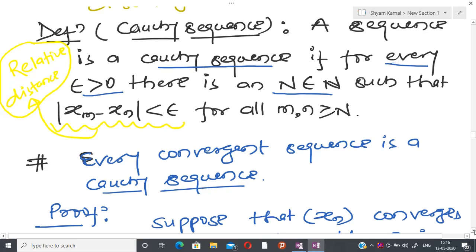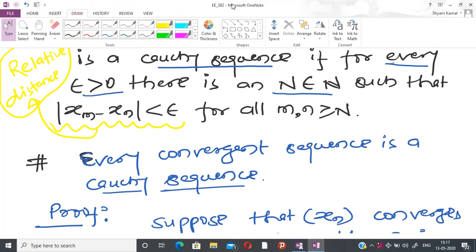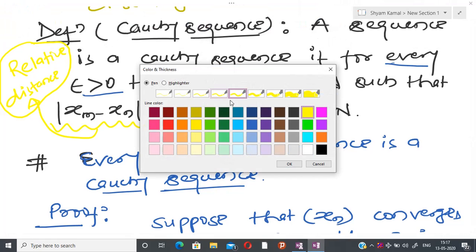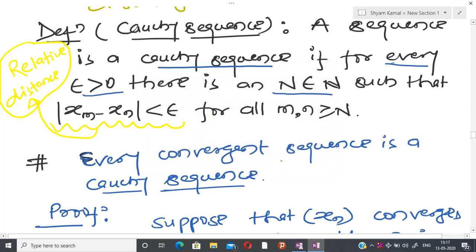So the first type of sequence is called a convergent sequence, because we are seeing the convergence with respect to the limit point. In this form, some new thing comes into the picture, and that new thing is nothing but the Cauchy sequence.